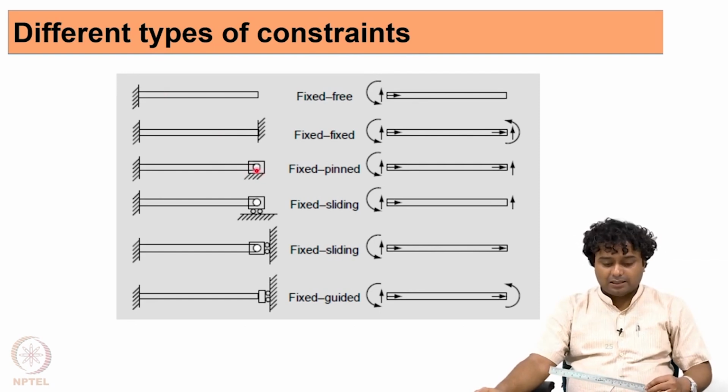In the fixed pin case, you see, pin means that it can rotate about this pin point. So if it can rotate about this pin point, then there will be no moment at this end. Okay. But this is fixed, so it cannot have a linear deflection. So the horizontal and vertical reaction forces will be there.